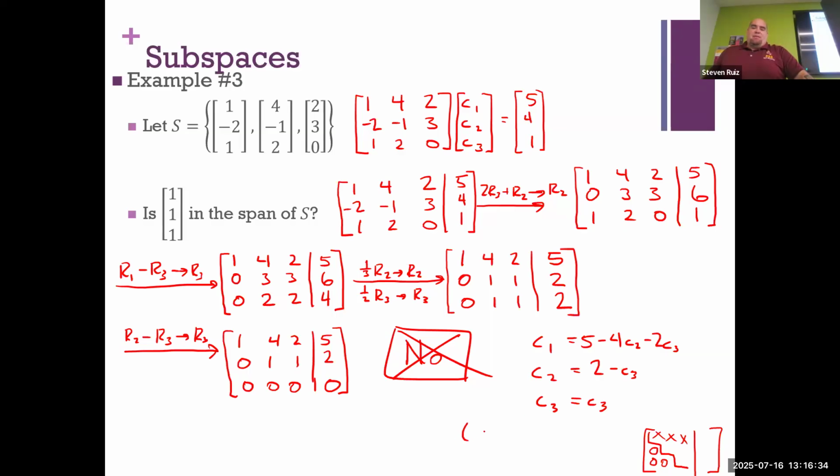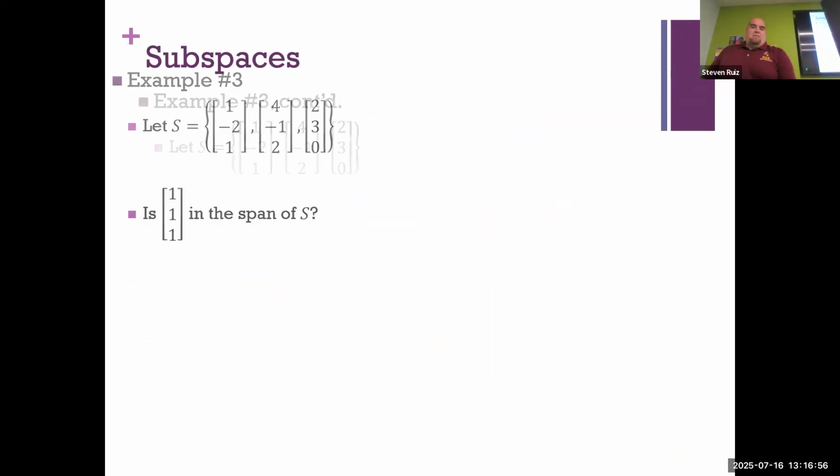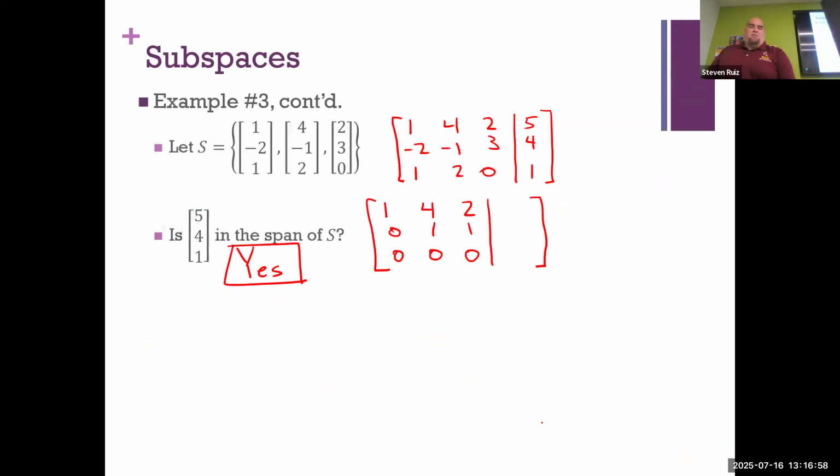If I did my math correctly, that's one possible way to do this. Negative 3, 2, 0. So if I take negative 3 of the first vector, 2 of the second one, and I leave the third one off entirely, I'll get 5, 4, 1. How are we doing so far?